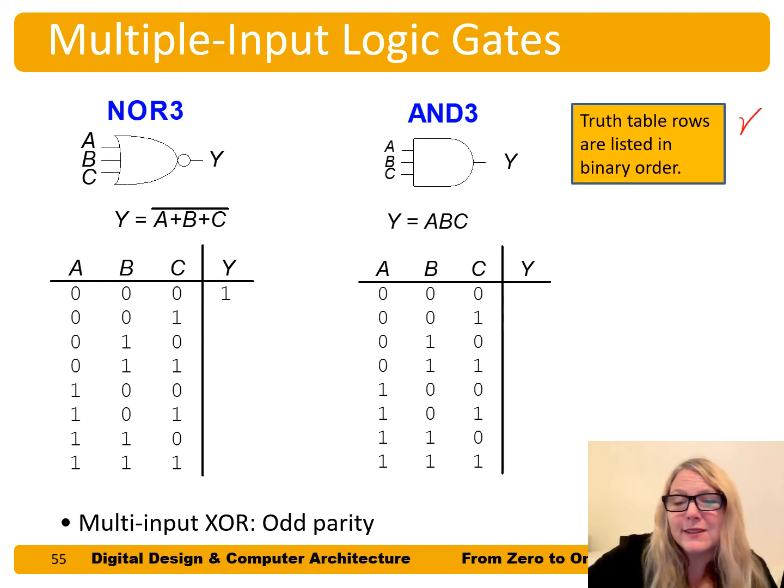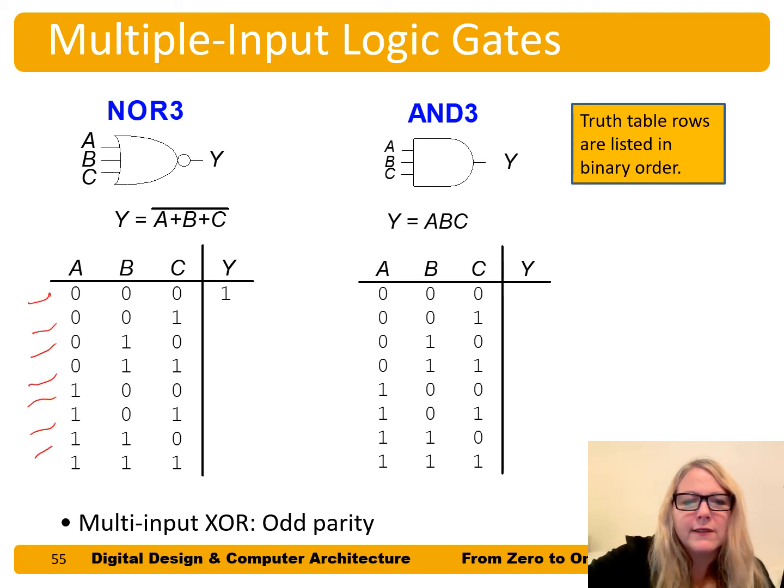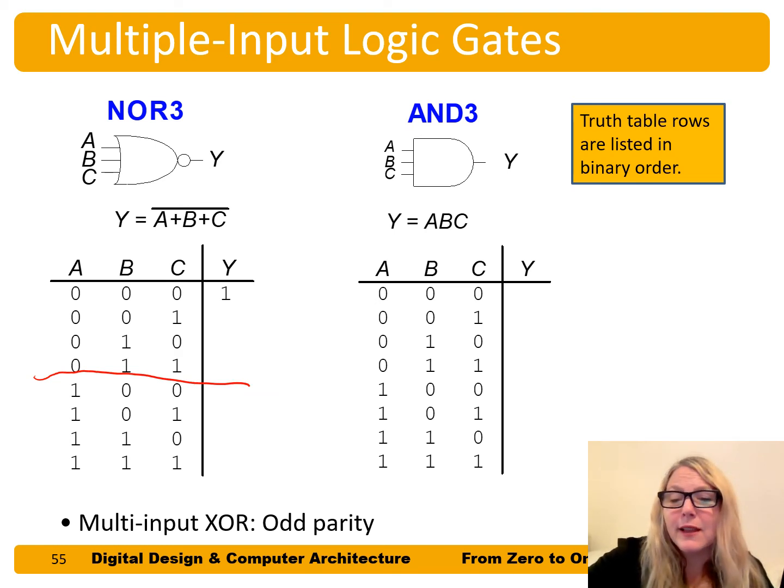So really we could have listed in any order, but regularity is going to have us listed in binary counting order. So we have 0, 1, 2, 3, 4, 5, 6, 7. And I often in truth tables put a line between each group of 4 just to keep alignment. It's easy to lose alignment when you get more rows.